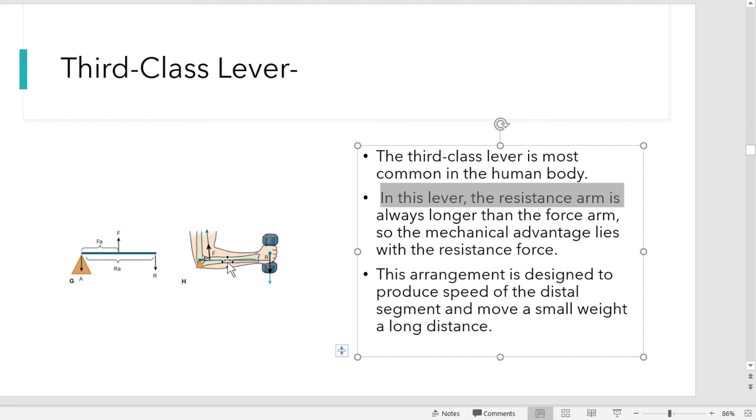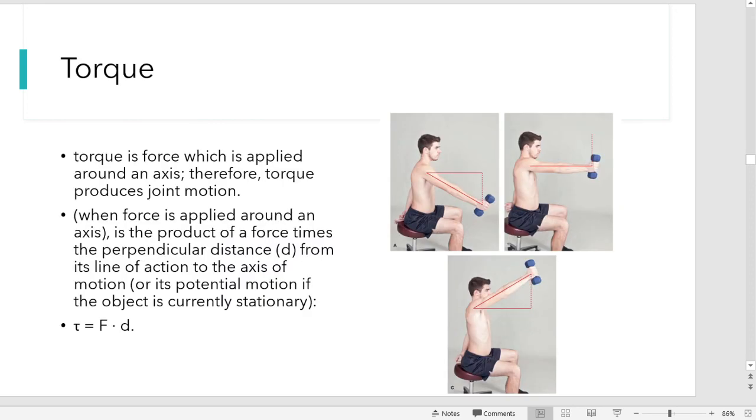The resistance is far from the effort arm or from your force exerted by your muscles. Okay, so third class. So when you do that, you produce now what we call torque.